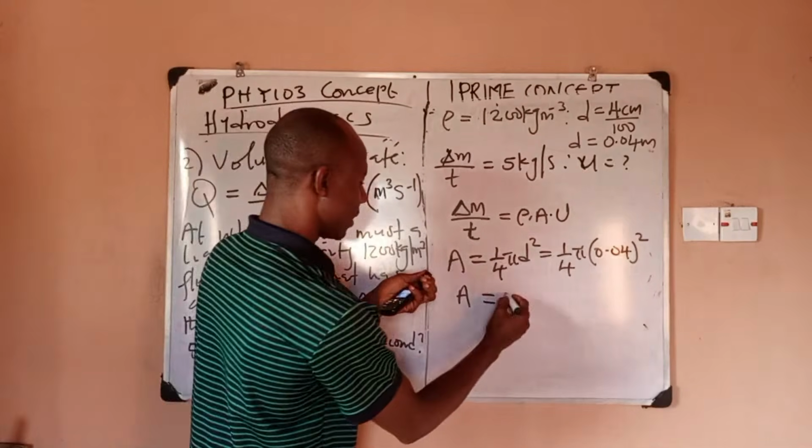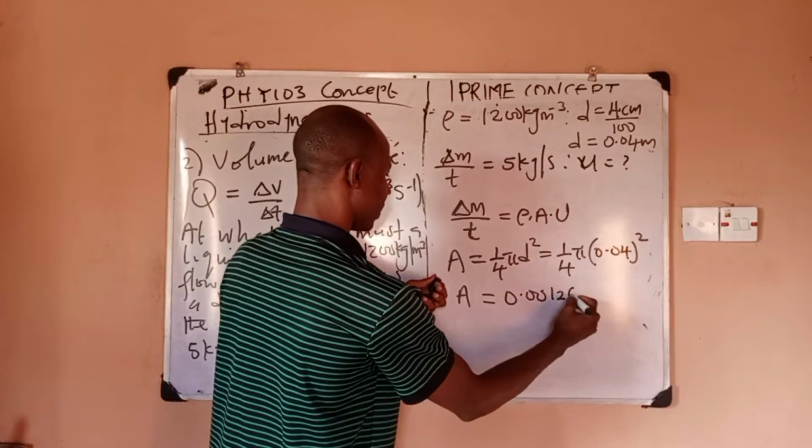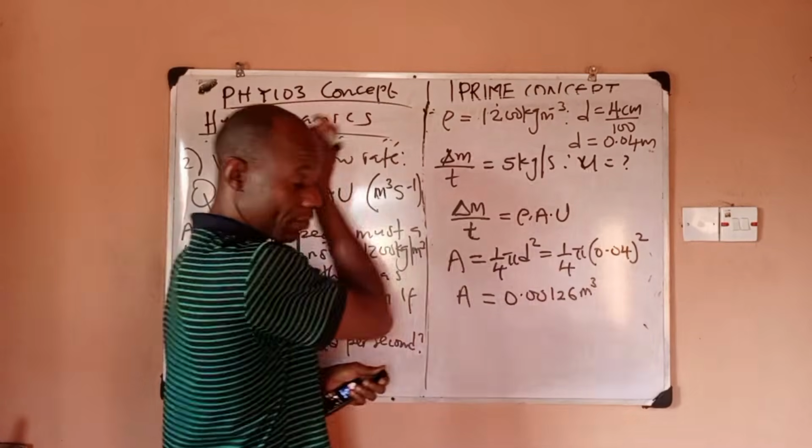So my area is 0.00126 meter cube. That is my area.